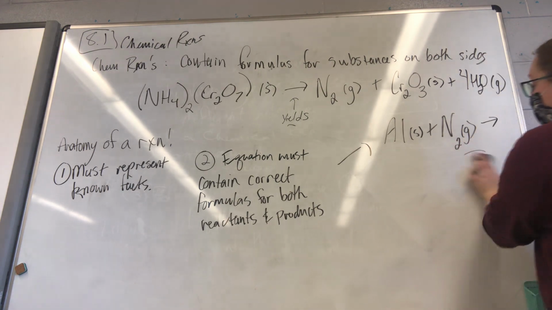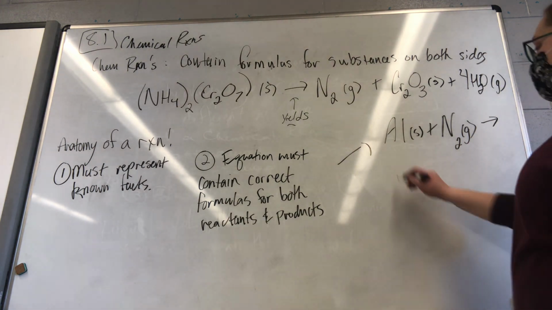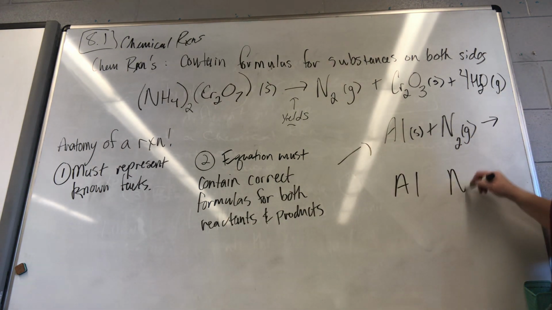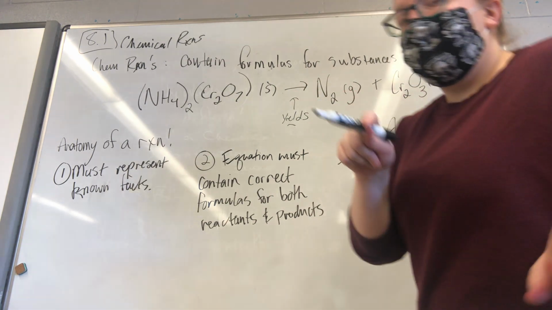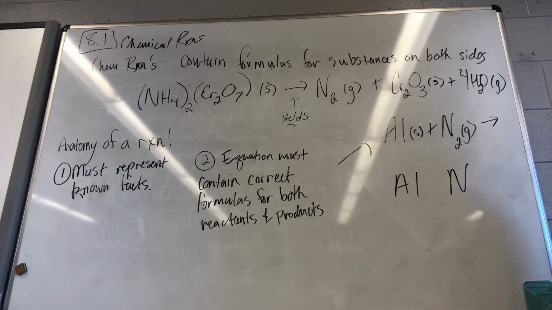So when an aluminum atom comes together with a nitrogen atom, we learned in chapter 7, it's based on the charge. Okay? So what's the common charge of an aluminum atom? What's the common charge of a nitrogen atom based on its location?